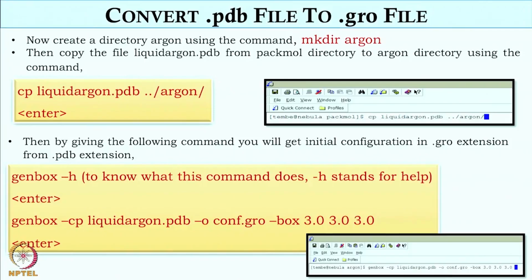Can this be 3.3 instead of 3? Yeah, it won't give an error. It can be 3.3, but it cannot be less than 3. Suppose it is 3.5, then there will be more space than what is required for the current density. Exactly. So you will do a simulation at a lower density than what you started with.